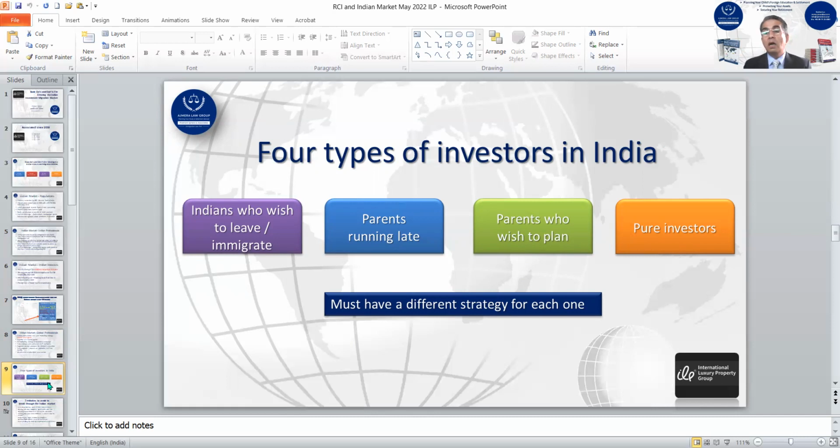And then they say, well, I might do a residency and citizenship by investment just to retire, or probably to have a property somewhere in Europe or in the USA, so when I retire, I have a second home. So probably sometimes I'll spend time in India, sometimes out of India. So these are the 4 types of investors you will see in India.